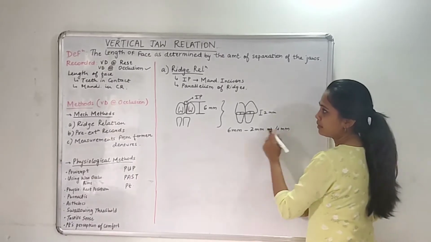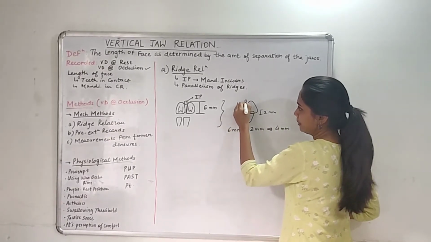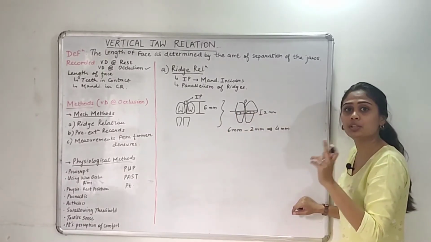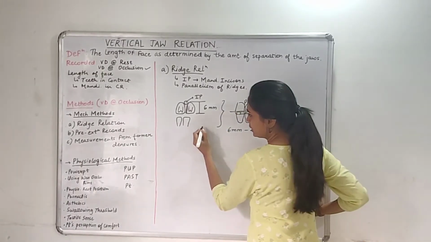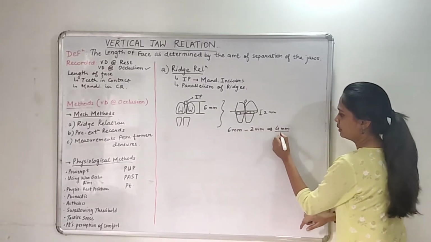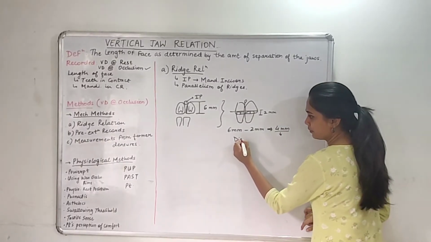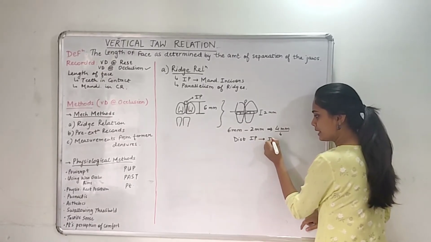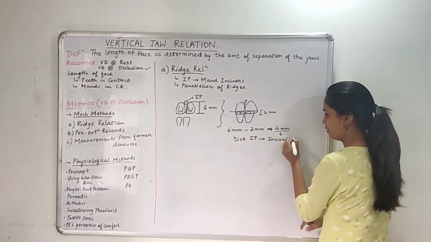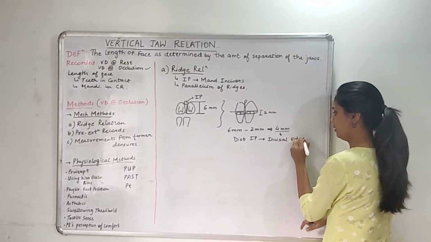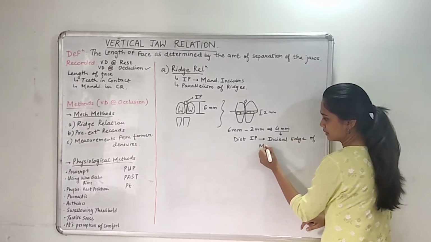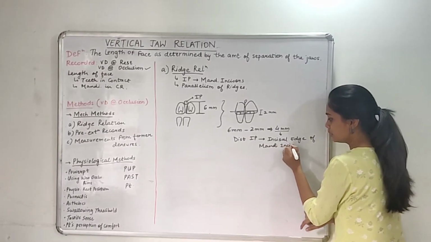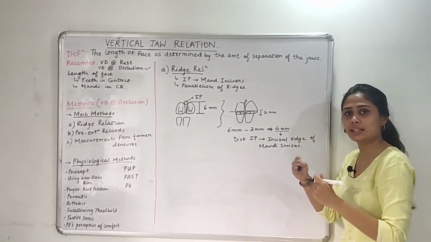This 4 mm is the distance from the incisive papilla to the incisal edge of the mandibular incisors, and we get this only when the teeth are in occlusion.